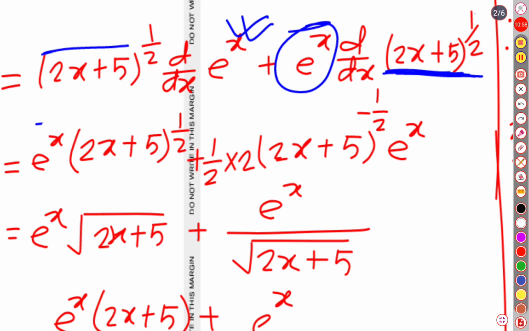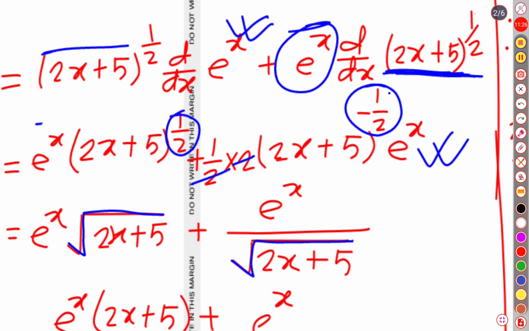For the second function, as this has gone away, there remains 2x + 5, but the exponent is negative half. Negative half means this is in the denominator. So we have written the square root as the denominator, 2x + 5, and this e raised to x is definitely the numerator, it should not go down. So what have we got? e raised to x over the square root of 2x + 5. The square root over here is in the numerator because the exponent is positive, but here the exponent is negative, that's why it will be the denominator.